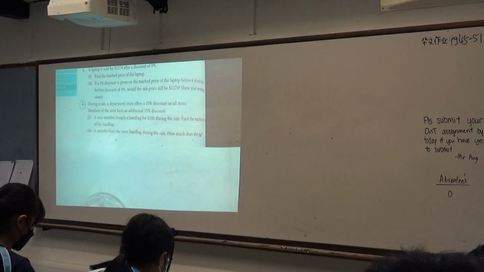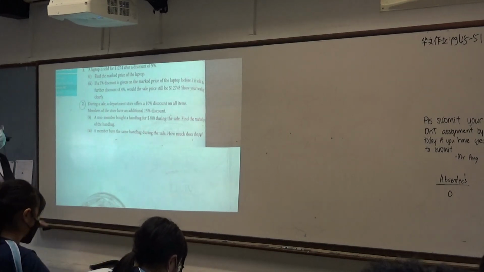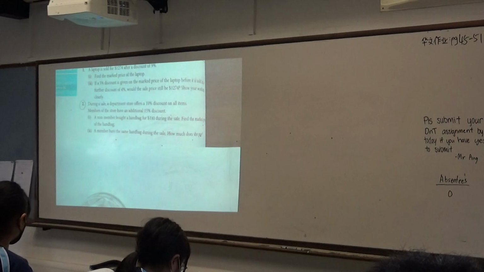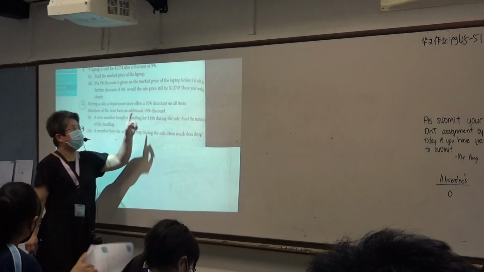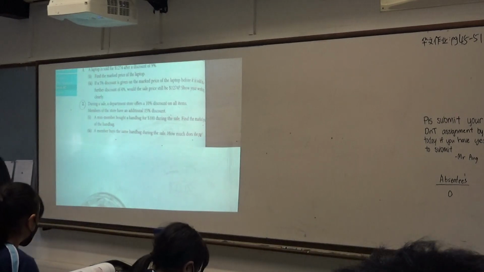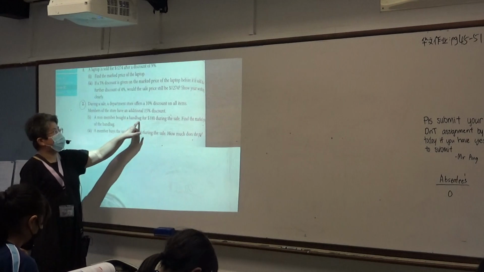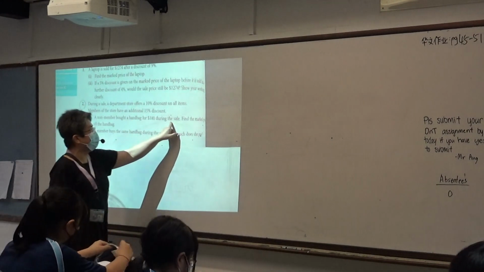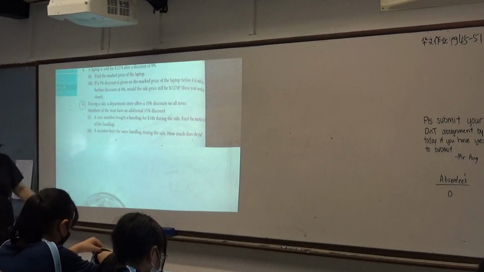During a sale, the department store offers a 10% discount on all items. That members of the store have an additional 15% discount. Okay, number 1. A non-member bought a handbag for $180 during the sale. Find the mark price of the handbag.